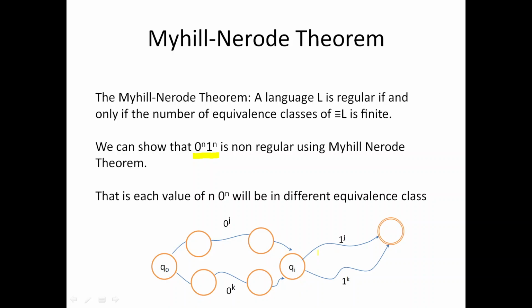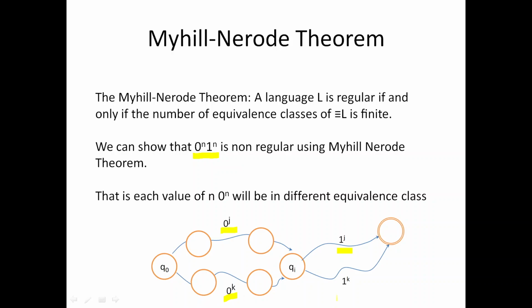So from qi, if you read 0 raised to j, you will be reaching a final state. From qi also, when you read the string 1 raised to k, you will be reaching a final state, because 0 raised to j, 1 raised to j is a string of 0 raised to n, 1 raised to n.